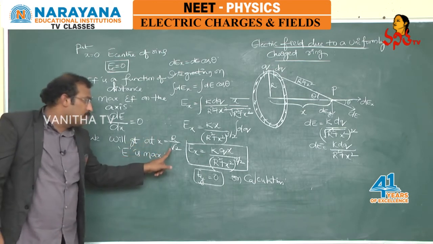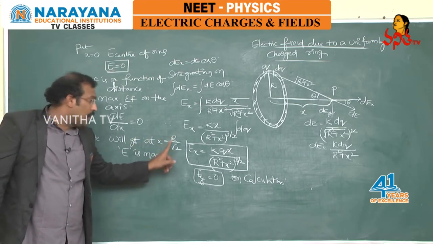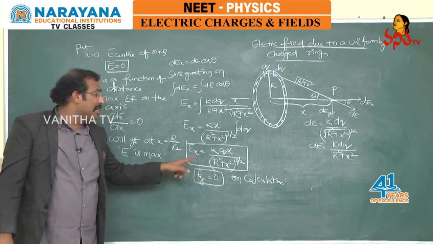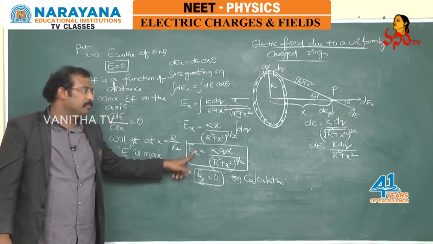If you substitute this value x is equal to r by root 2 in this equation, you will get the maximum electric field.